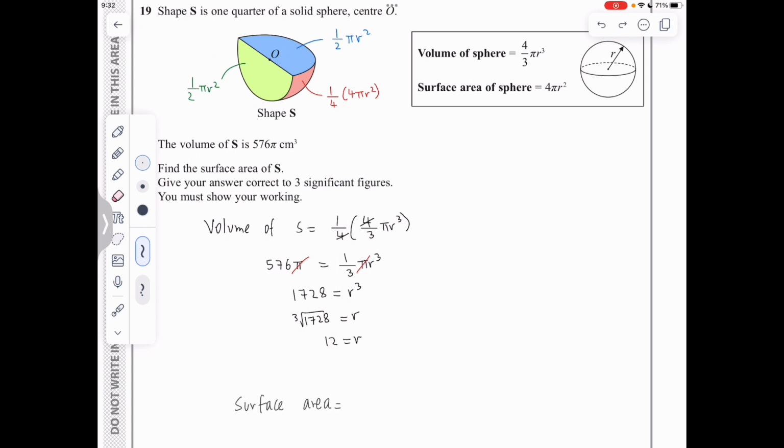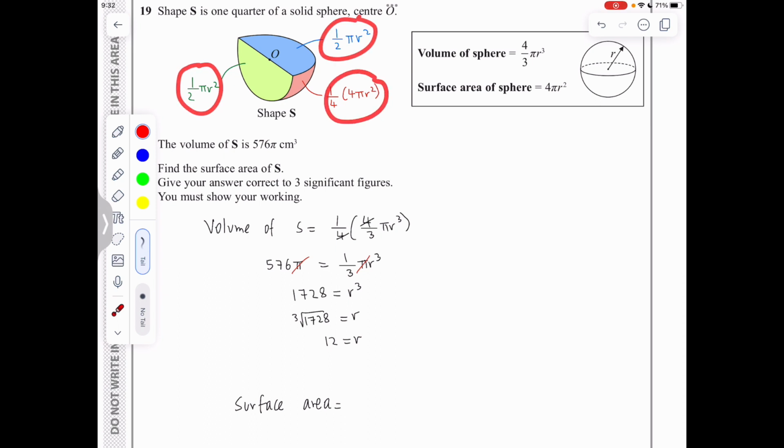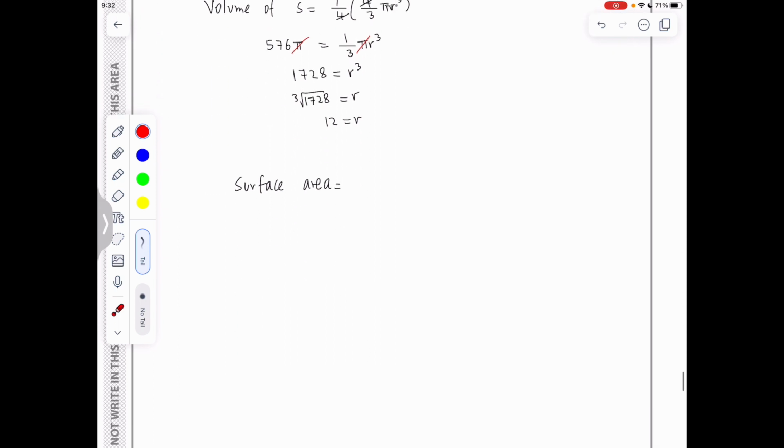Now moving on with the surface area, we've got the half pi r squared, the half pi r squared, and the quarter of 4 pi r squared to be added up. So a half pi r squared plus a half pi r squared plus a quarter of 4 pi r squared.